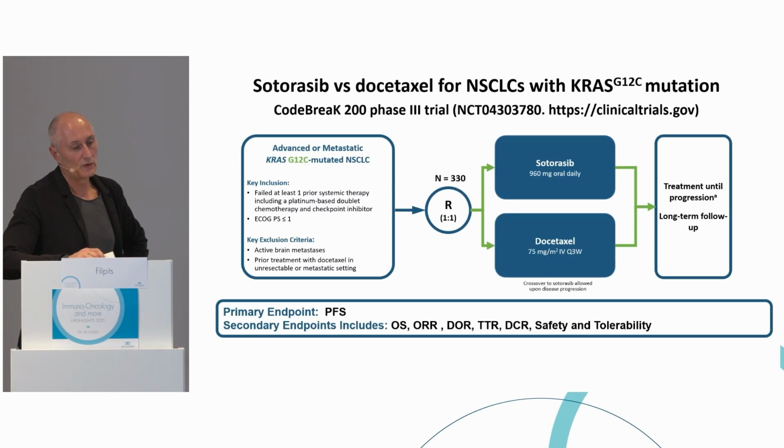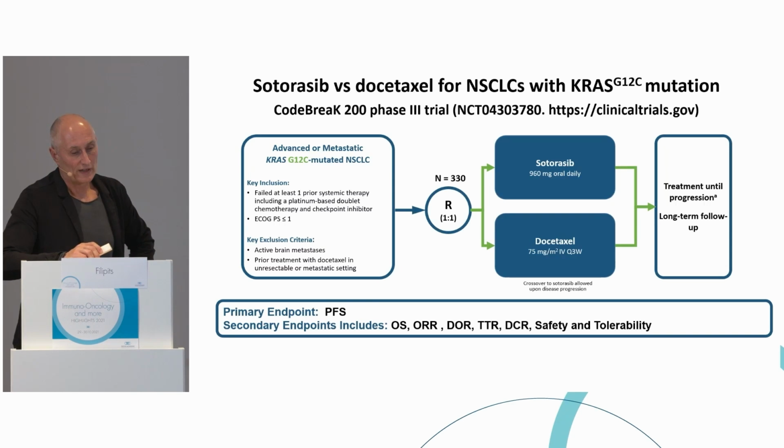The key inclusion criteria were that patients should have progressed on at least one prior systemic therapy with chemotherapy and a checkpoint inhibitor, good performance status, no brain mets, and no treatment with docetaxel.